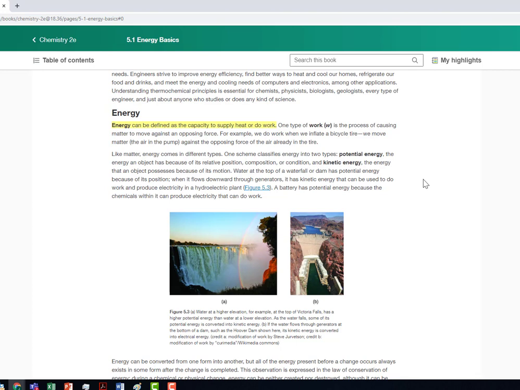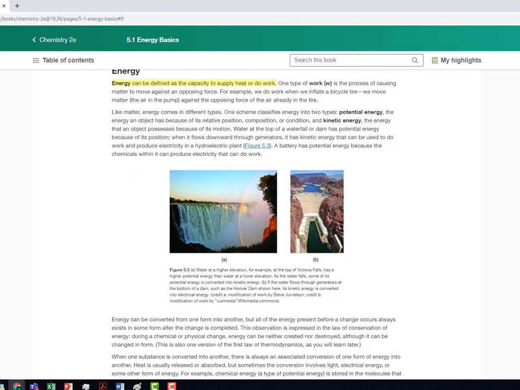It could be an atom's position relative to another atom, or it could be on the macroscopic scale, as we'll see here in a minute. And then the other type of energy is kinetic energy. Kinetic energy is an energy of motion, so it's an energy something has because it is moving. We can think of potential energy as energy that it would be moving if something were to change, and kinetic energy is when that movement is actually occurring.